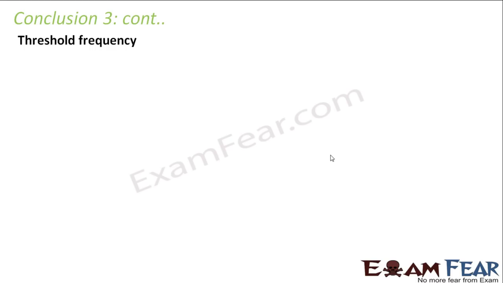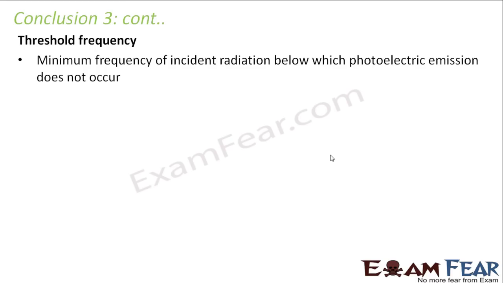So this introduced again a new term, that is threshold frequency. It is the minimum frequency of incident radiation below which photoelectric emission does not occur. It is also known as cutoff frequency. The way we spoke about cutoff potential, that was the potential corresponding to which there was no photoelectric emission.